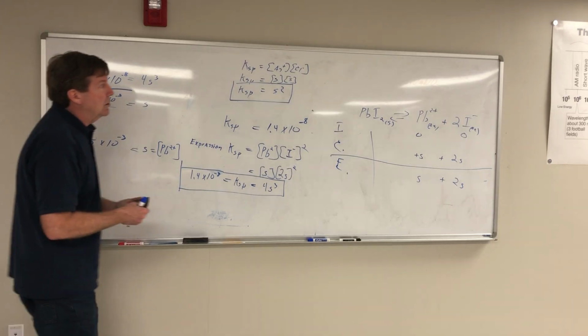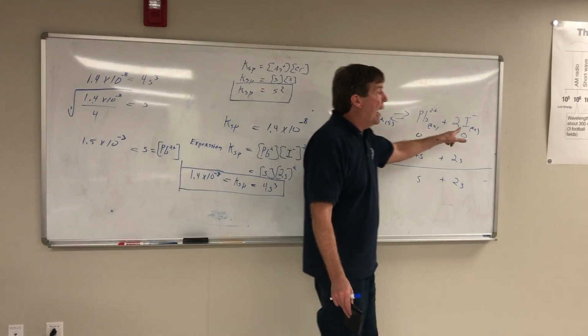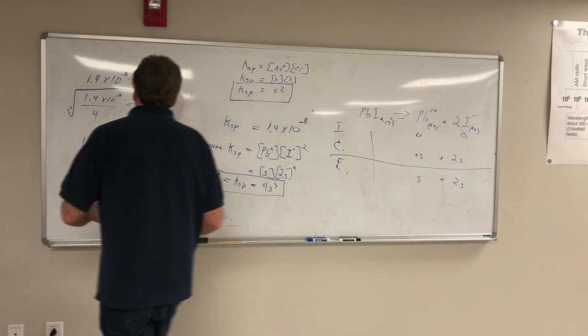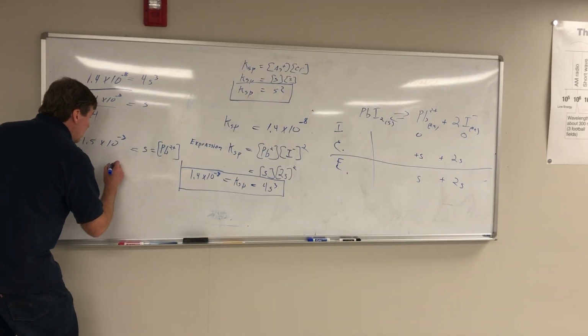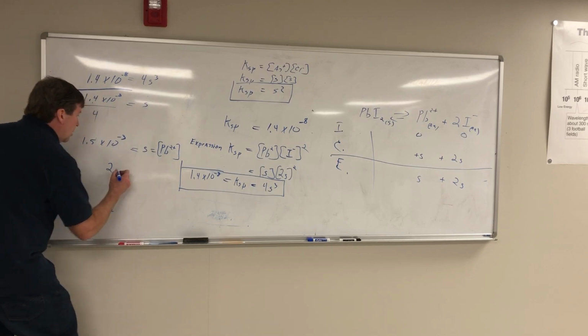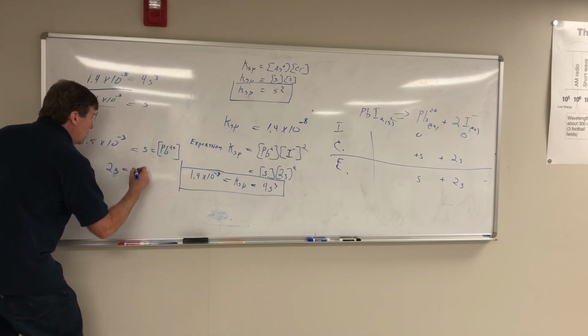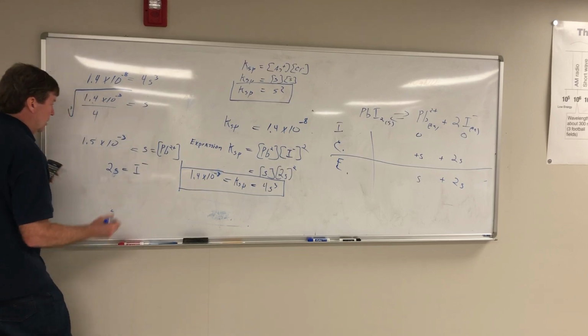What is the concentration of the I minus? It is simply 2S. So 2S equals the I minus.